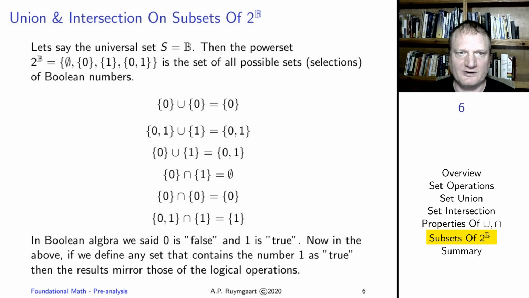Those are going to be inputs to our union and intersection operations. Now, if we define a set that contains the element 1 as true, and if it doesn't, so it's either only got the 0 element or the empty set, then we say it's false. If we define true and false that way, we'll see that the union and intersection operations completely mirror the Boolean logical operations in this example.